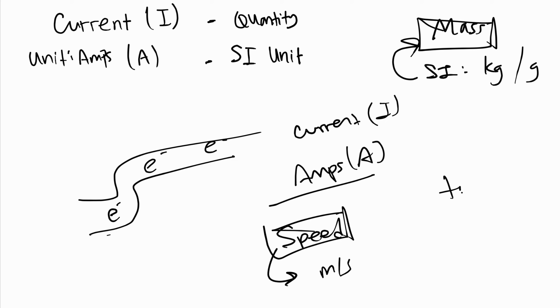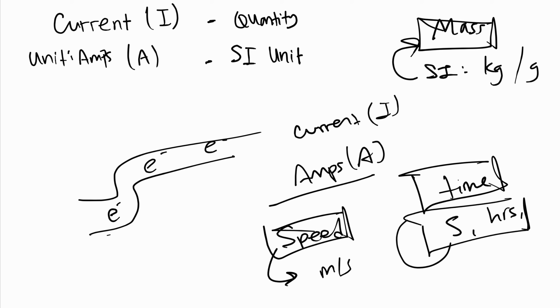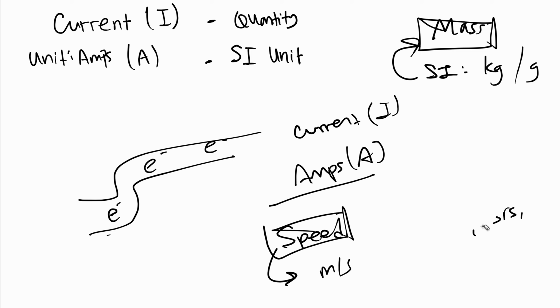Another one, time. How long it takes for something to happen. You don't measure time using time, right? You use seconds or hours. This is the SI unit. It's what you use to measure your time. One last example, we could have the length of something. The length is the quantity, the length or height of something.